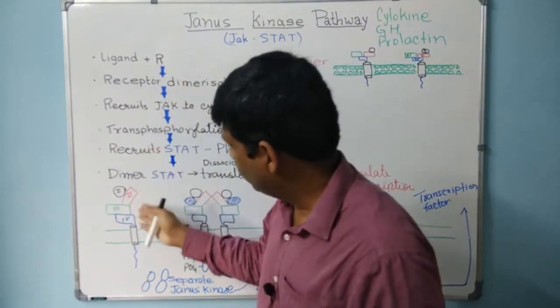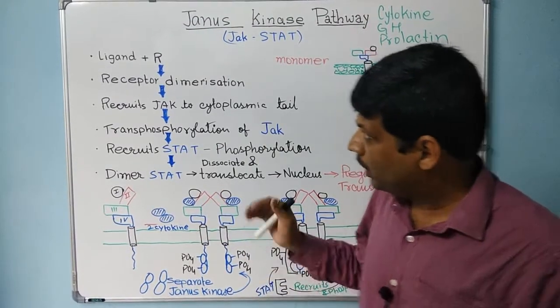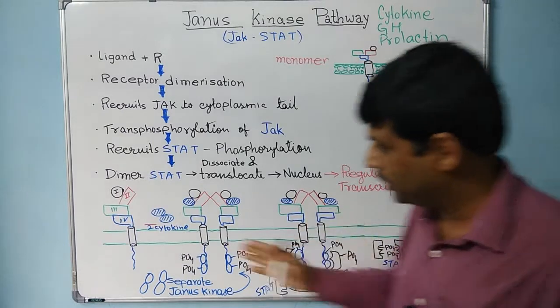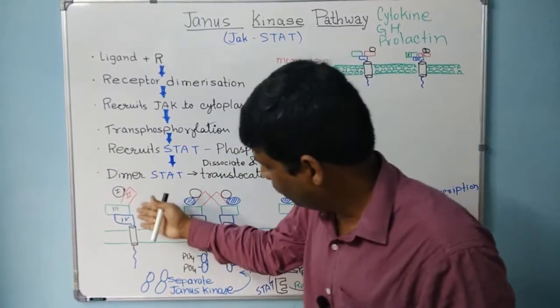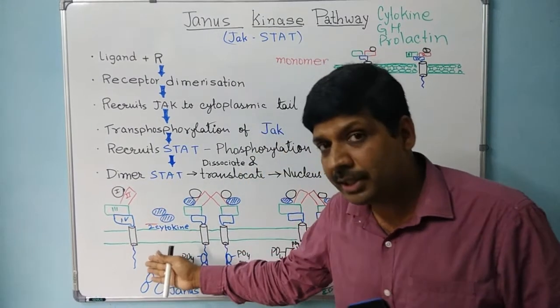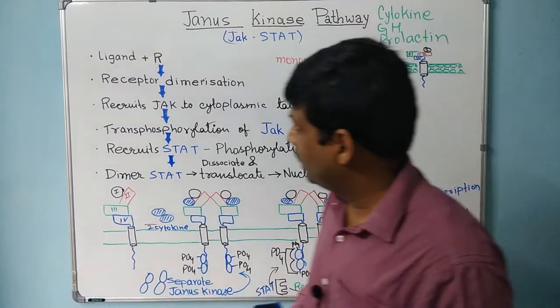The ligand will bind at a specific site on the receptor. Here the example I have taken is cytokines. The receptor has an extracellular part, a membranous part, and then an intracellular part, but this intracellular part has no enzymes attached to it. What happens later on, we'll see.